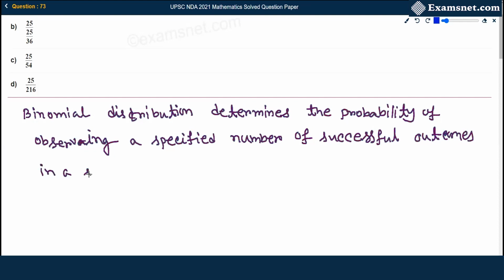I will give you some formulas that will be helpful for solving this question.